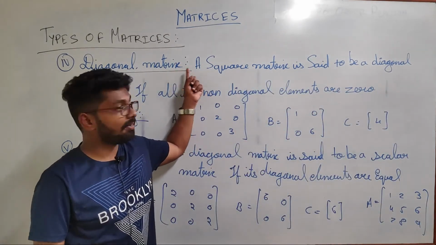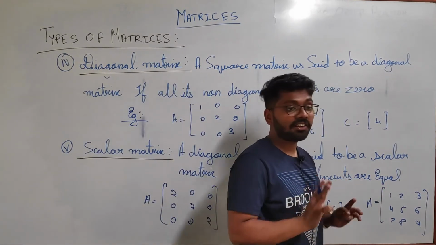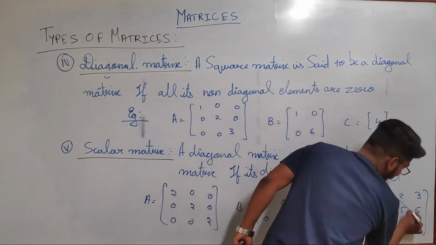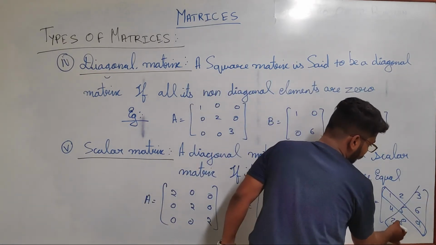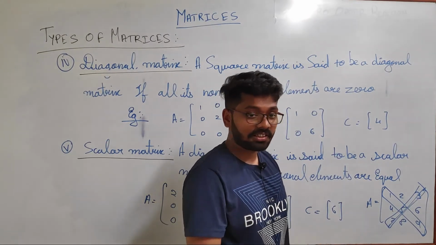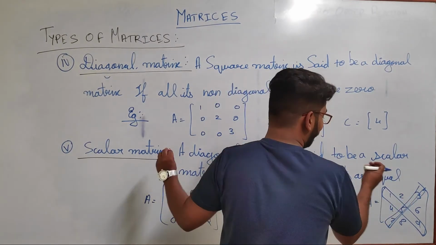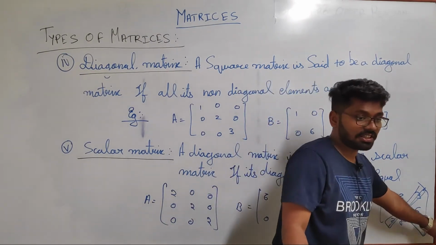Square matrix पाहिजे ना मला, इकडे बघा square matrix म्हटले. So in a square matrix, diagonal elements means what? Only these elements. These are known as diagonal elements. But if you approach it the other way, these are not diagonal elements, they are diagonal elements नव्हे. Only from left to right, where a line goes, these are known as diagonal elements.